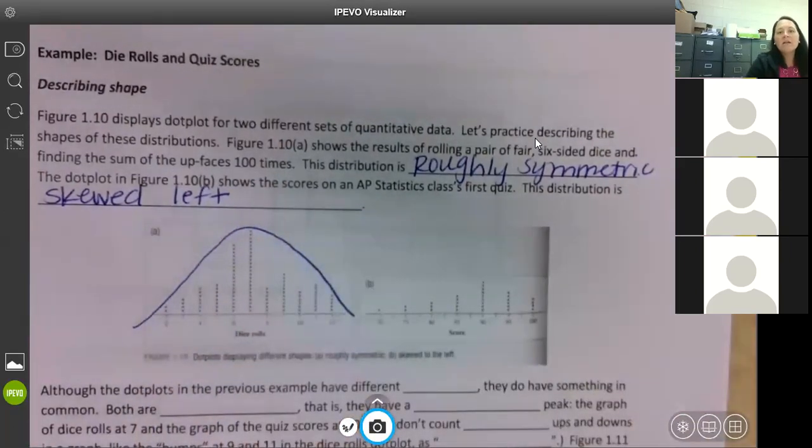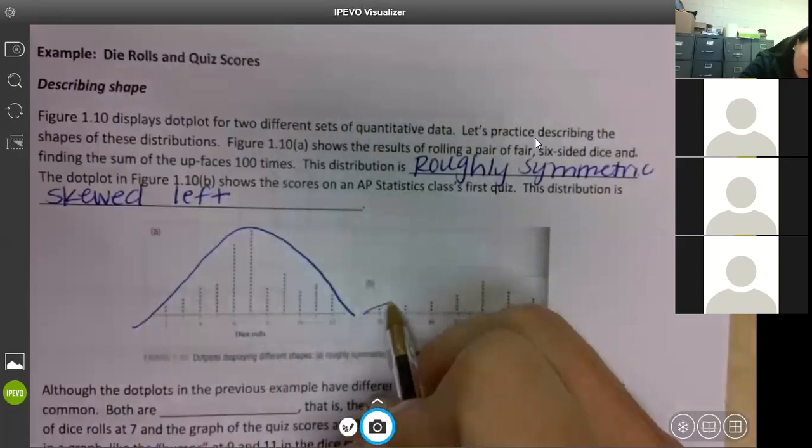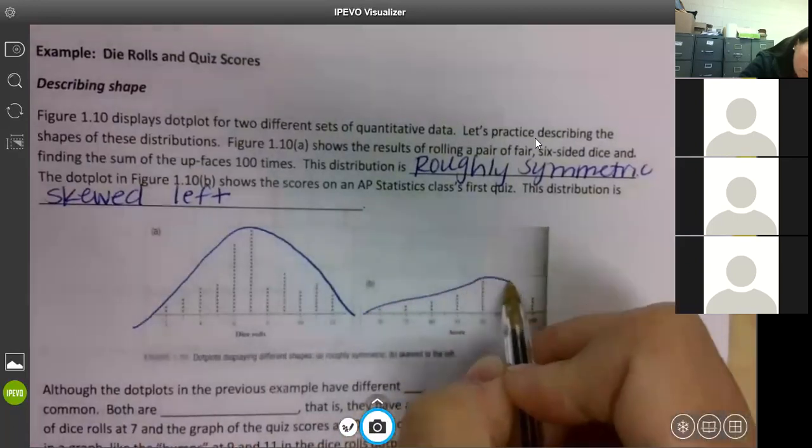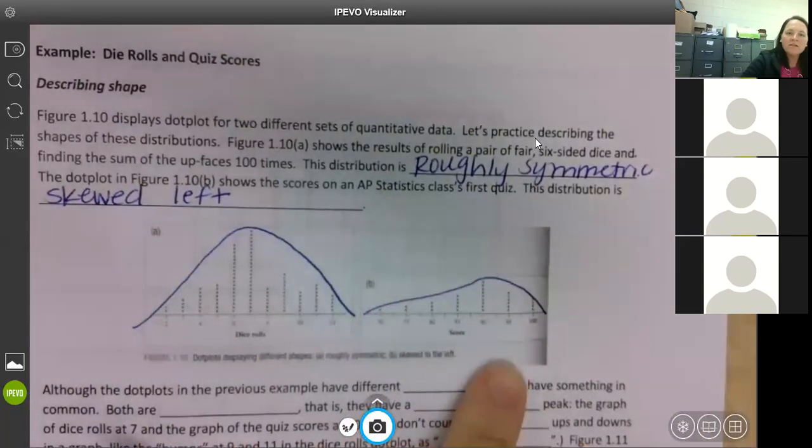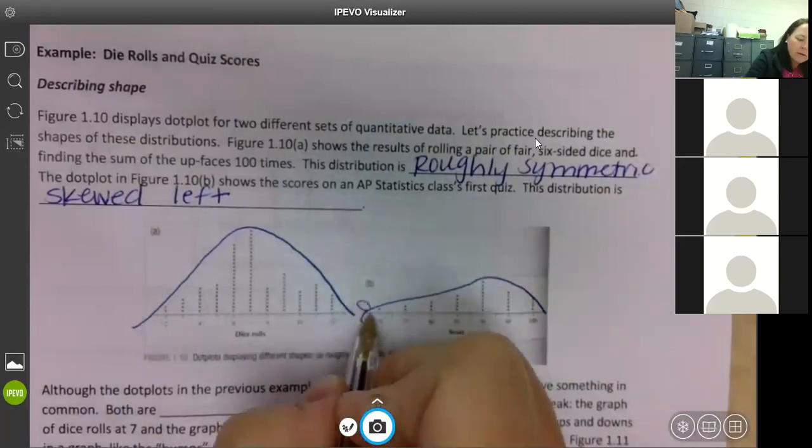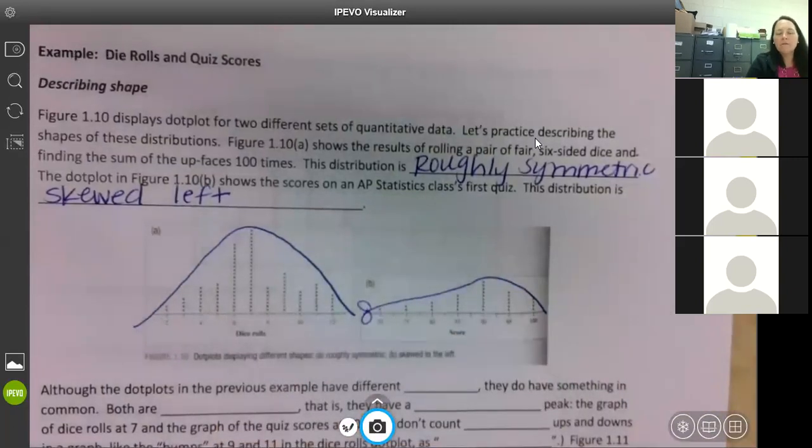That's approximately normal or roughly symmetric. That looks like a single hill. When we look at this one, we go up for a long time before we peak out and go down. That looks like that whale, and the tail is on the left. So this one's roughly symmetric and this one is skewed left. Is everybody okay with that?